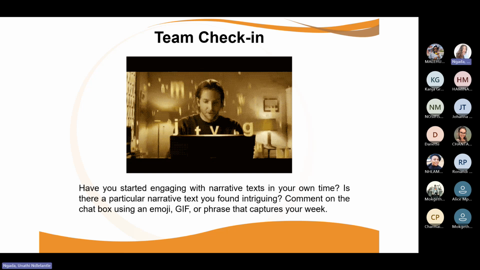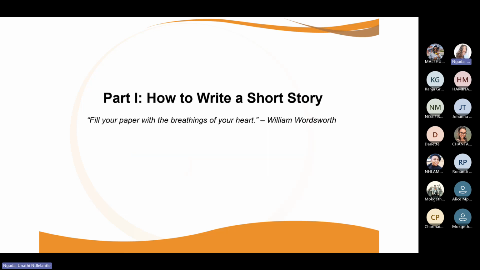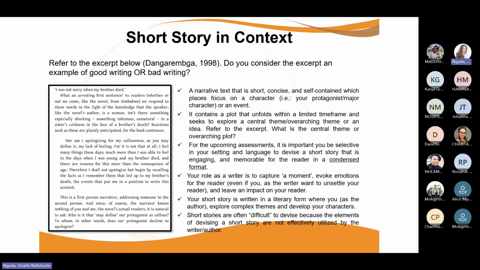Okay. So while everyone else is typing their responses, I'm going to move on to the first part, which is how to write a short story. And I want to preface this by providing you with an excerpt from a novel that actually won some awards. It's a well-known novel in African literature.